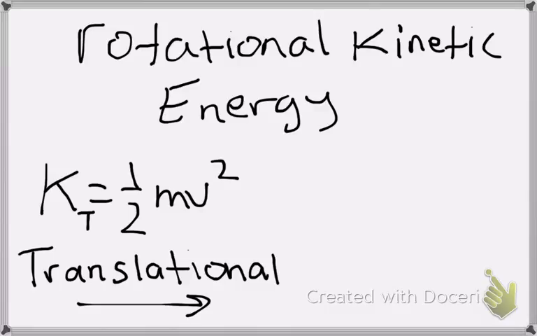Well, now we're going to look at its rotational energy. So the equation, just like every time we've done anything rotational, it looks just like something linear, but with new letters. So I'm going to put this little subscript R, and that just means rotational.